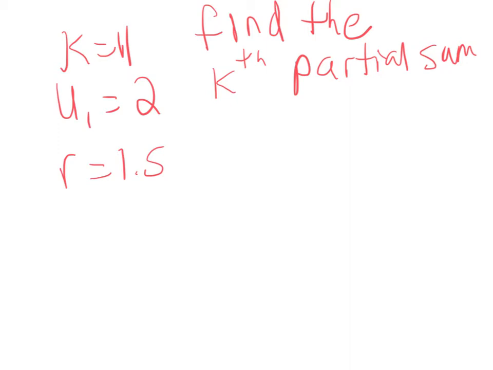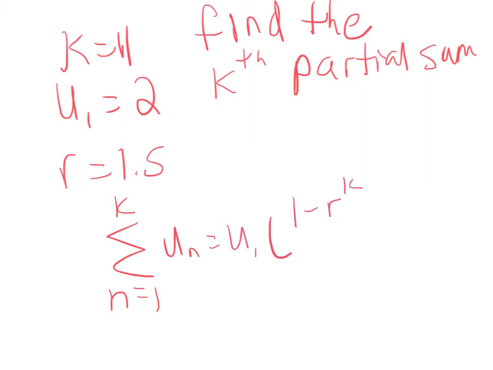This is a pretty simple formula. The formula for this is, it's really weird looking. It looks like this. That is the summation symbol. From n equals 1 to k, u of n equals u of 1 times 1 minus the rate to the kth power over 1 minus the rate. You don't have to know the formula, you just have to know how to use it. I'm going to change color here because I'm running out of room so you can see clearly what's going on.